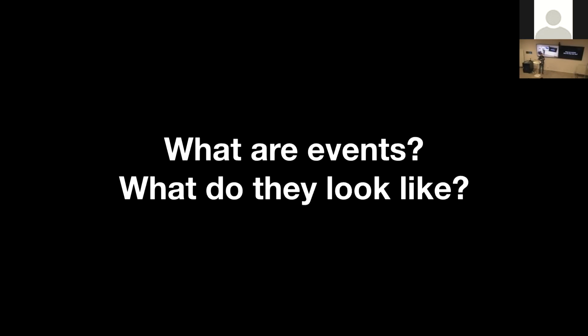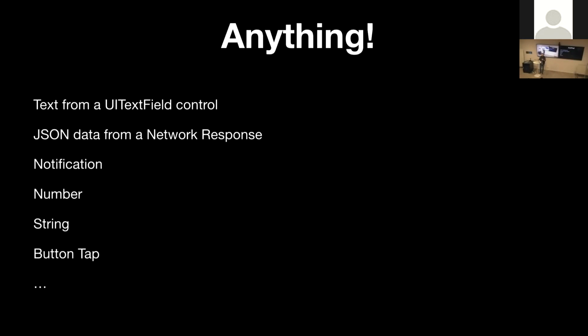Well, what about events? What are they exactly? They're actually anything. So that's what makes Rx powerful. Observable is such an interface to handle asynchronous events. But the content of this event is context dependent, context specific.